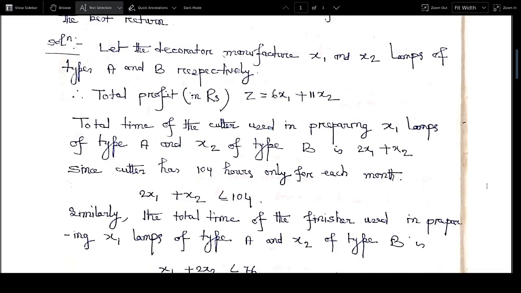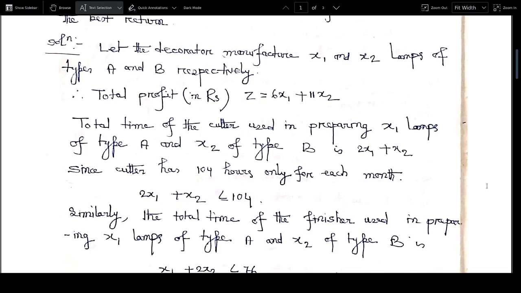So here the two technicians we consider are cutter and finisher. For x1 lamps of type A, this will be 2x1 because 2 hours, and type B requires x2, so this is 1 into x2. So total time required for the cutter will be twice x1 plus x2, right?